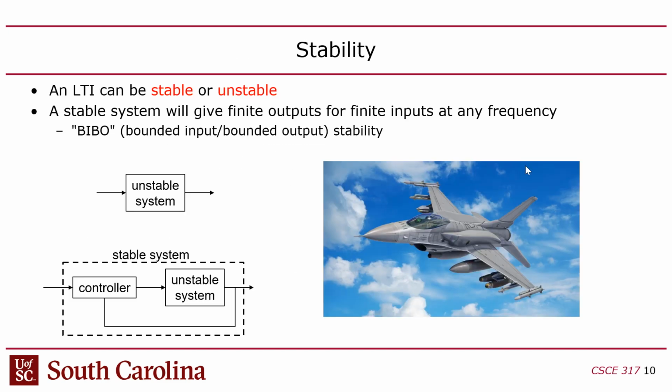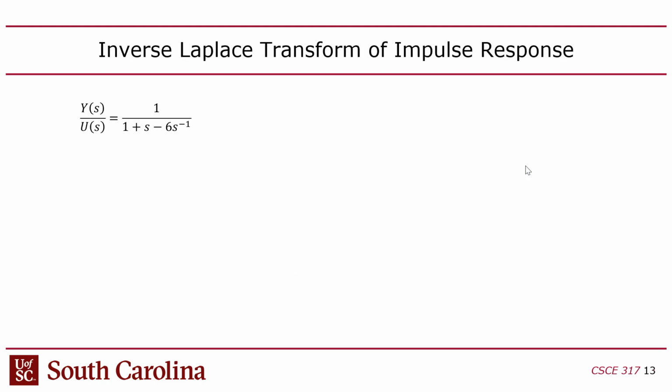Okay, so how do we figure that out? Well, I don't know how to do that unless I can take this polynomial and factor it, right? And I don't know how to factor it in that form. But if you multiply the whole thing by s over s, multiplying the numerator by s and the denominator by s, now this denominator becomes s plus s squared minus 6, or to reorder it, s squared plus s minus 6, right?